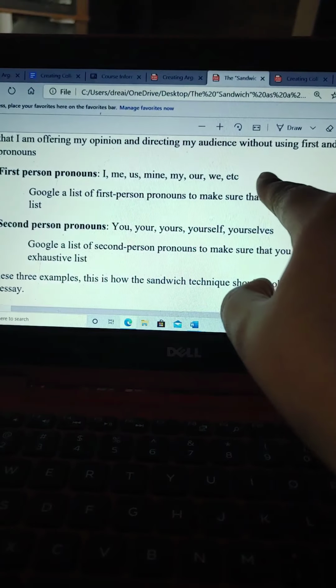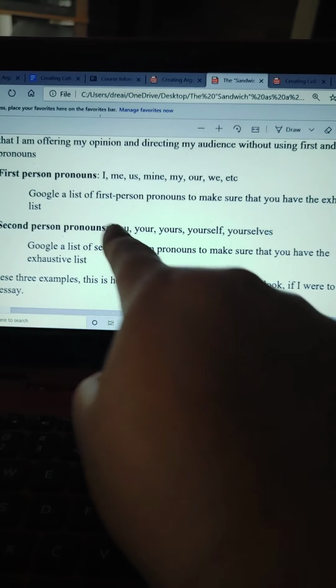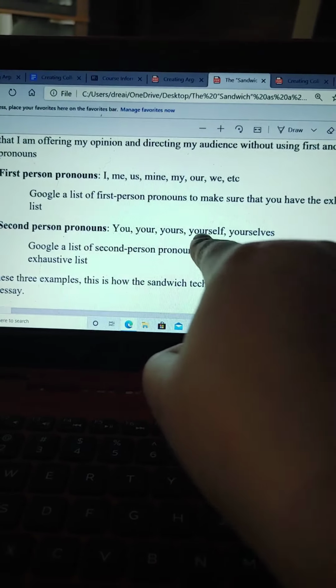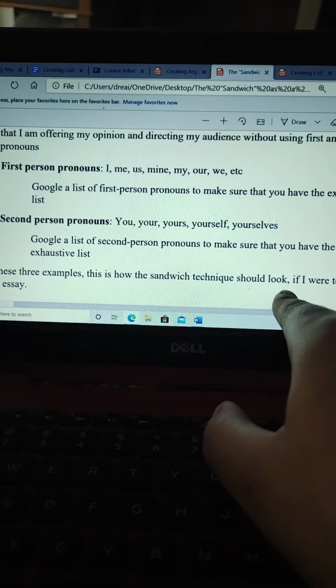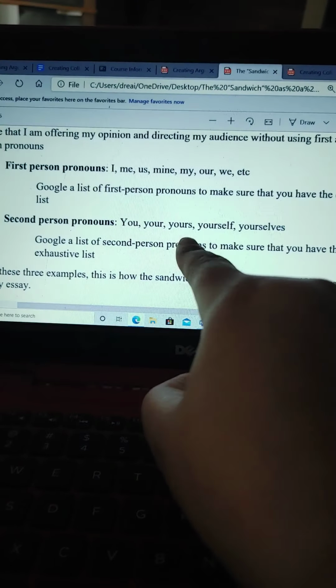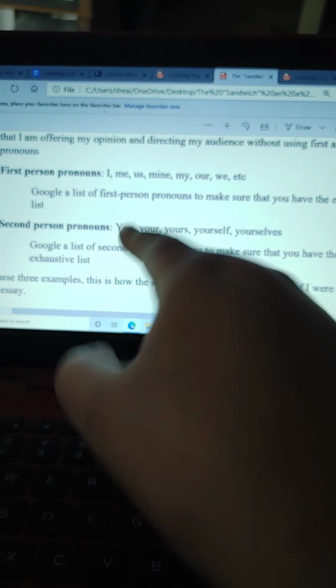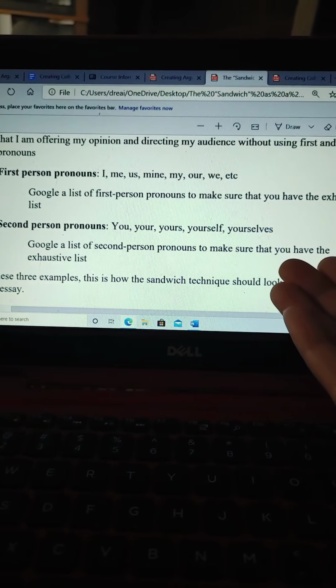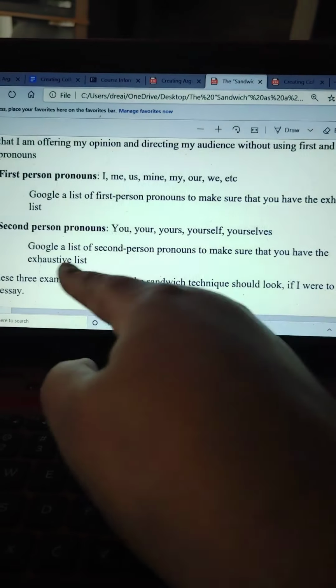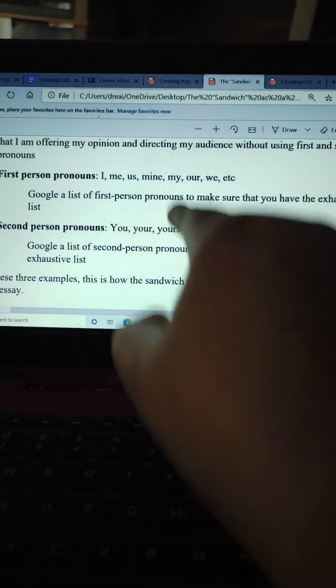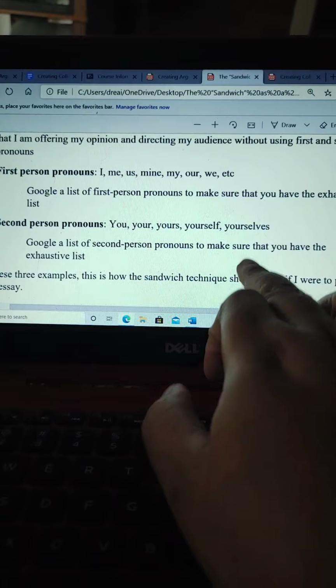Second person pronouns are you, your, yourself, yourselves. Do not say y'all. Again, if you need an exhaustive list of second person pronouns, make sure you Google them, because I will deduct for first and second person pronouns usage.